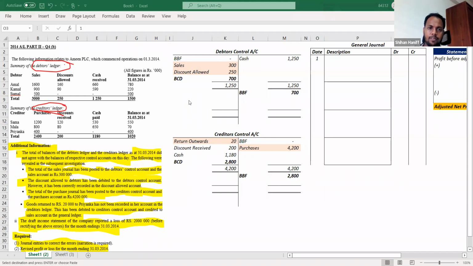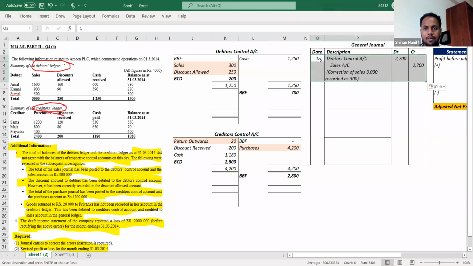We need to increase this by another 2,700. Debtors control we need to increase by 2,700. And sales account also we have to increase. Sales is a credit account. So we increase the sales by 2,700. And narration is correction of sales.